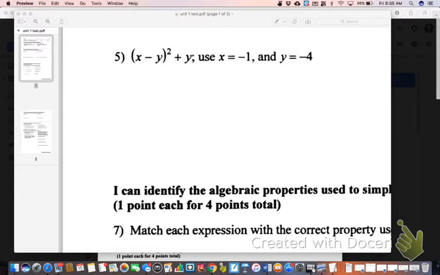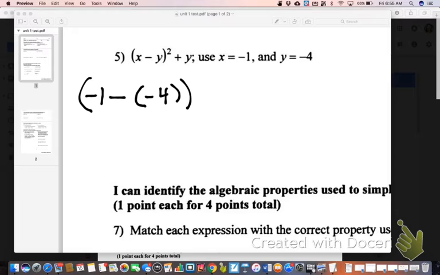For number 5, I saw lots of mistakes when you were putting your numbers or substituting them into the expression. So the first thing I'm going to do is put in a -1 for x, the minus from the problem, and then that y is a -4.